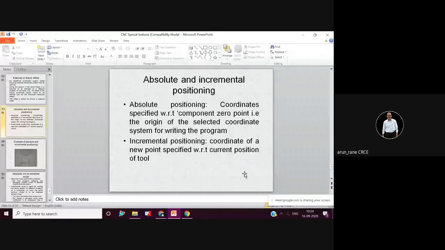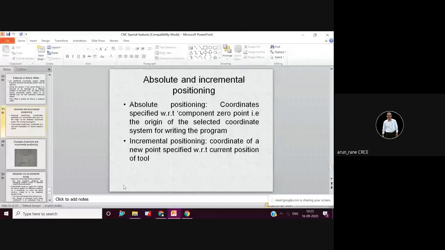Say this is x0, y0 at the center, and this is 200 and this is 100. In absolute, this point will be x100 and y50. This will be x minus 100 and y50. This will be x minus 100, y minus 50. This will be x100 and y minus 50. This is absolute.